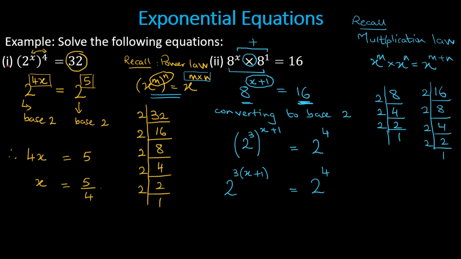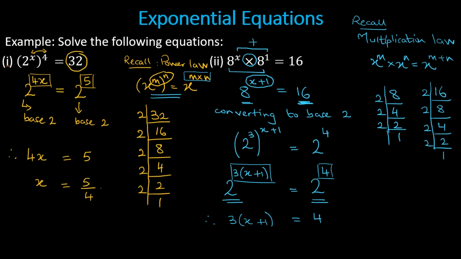Now, since we have same base on both sides, we have to equate the two powers. That is 3 times x plus 1. This is equal to the second power, which is 4.